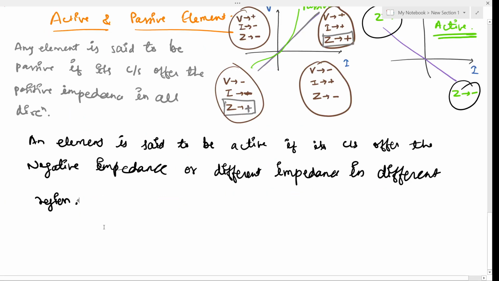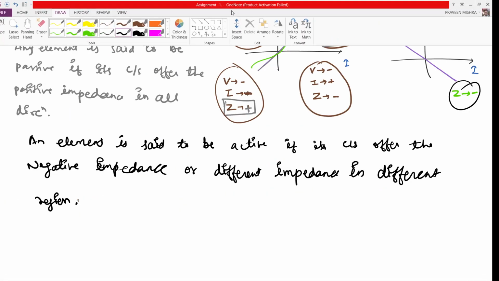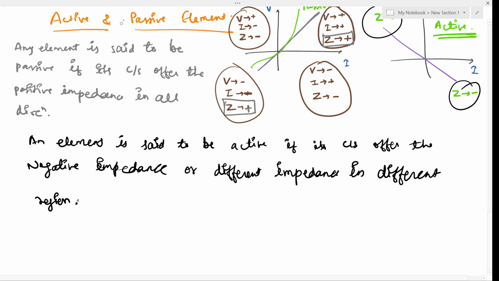Different impedance in different regions. Let us plot a characteristic. This one is the characteristic xy plot. Let us consider this one is v, and this one is i. And again plot.